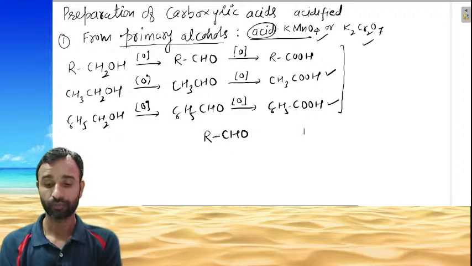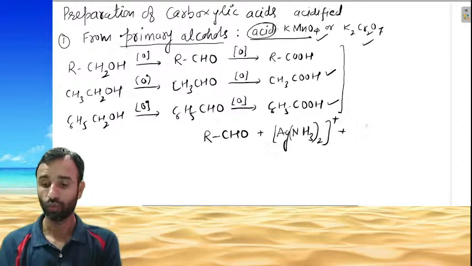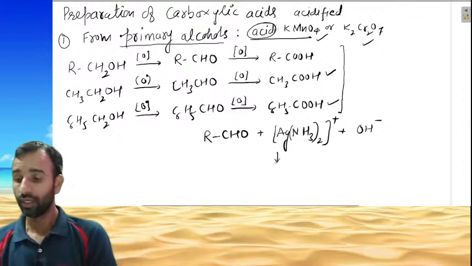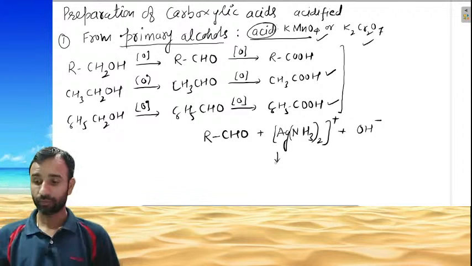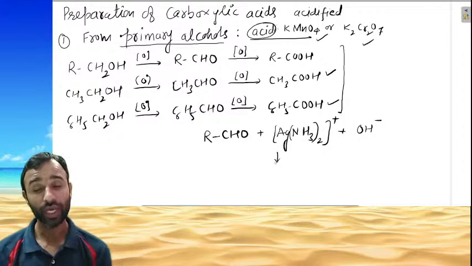Say, aldehyde, if we use Tollens reagent. What is Tollens reagent? It is ammoniacal silver nitrate solution.